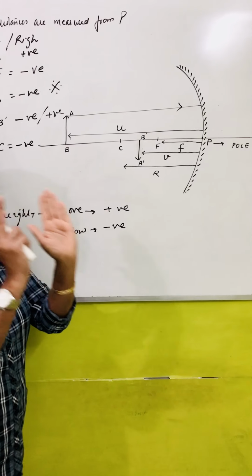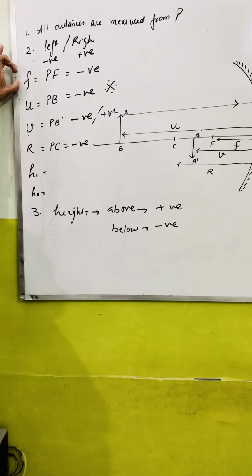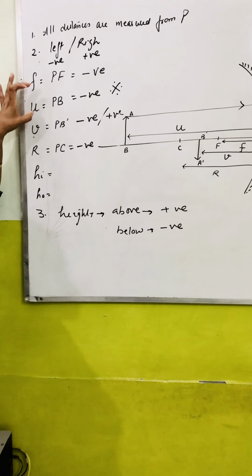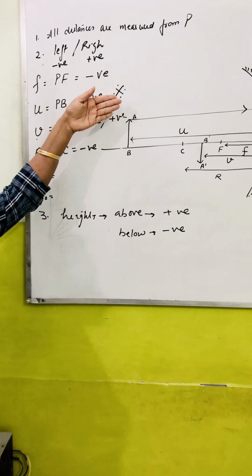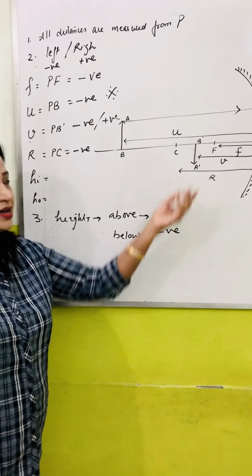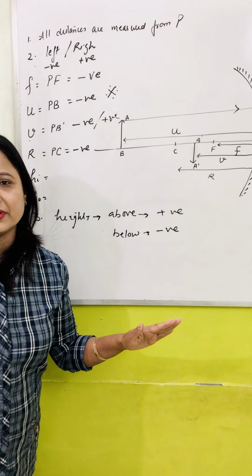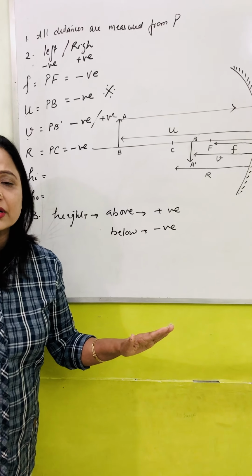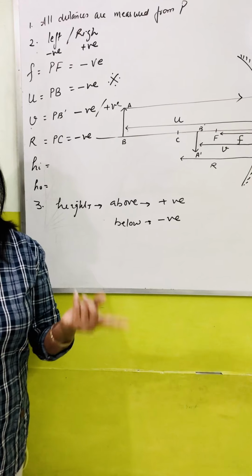So we will have to focus on the ray diagram, then decide accordingly what will be negative and what will be positive. The third rule says that the heights measured above the principal axis are taken positive, and those below the principal axis are taken as negative. These are the 3 rules. In the next video, I will tell you about the convex mirror, how things will become different.